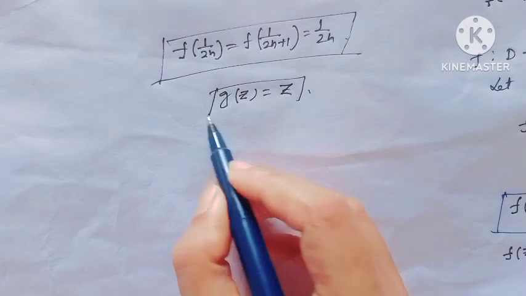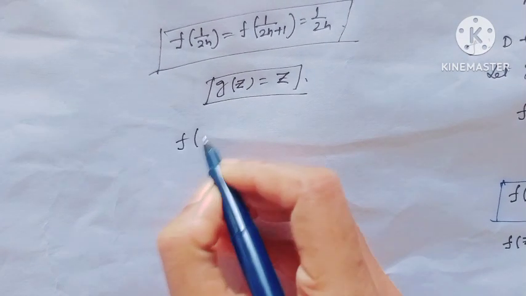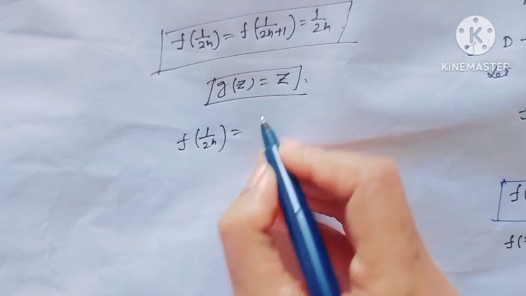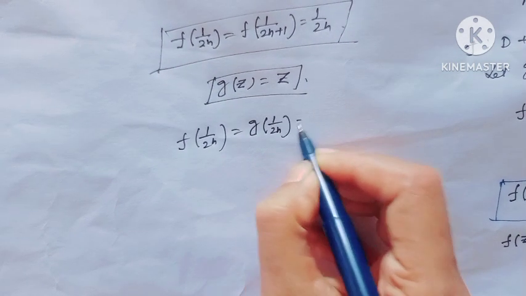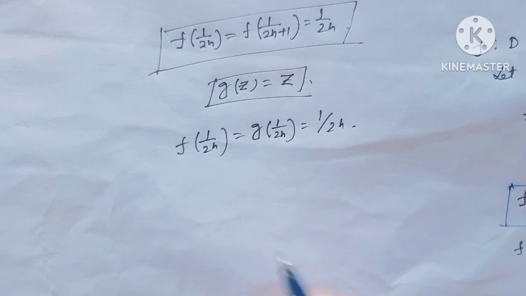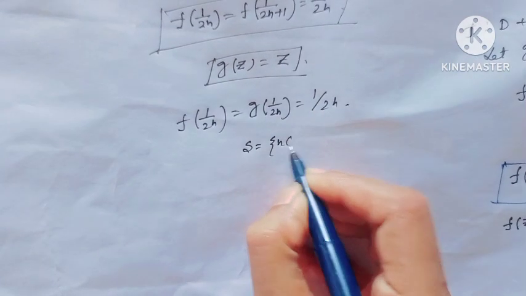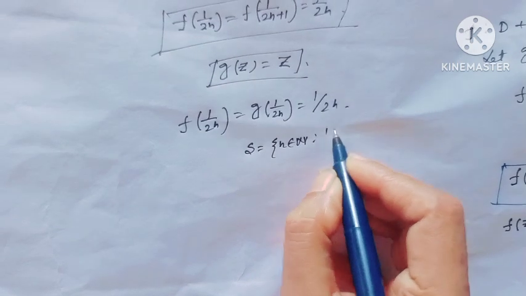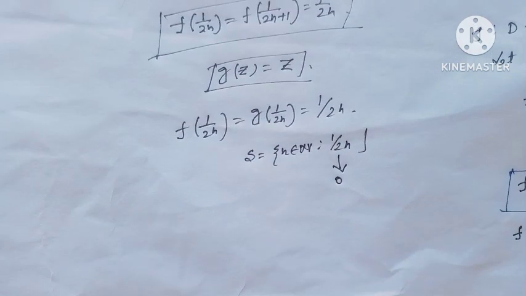If we consider g(z) equals z, then f(1/2n) equals g(1/2n), which is equal to 1/2n, on the set S such that n belongs to the natural numbers, 1/2n. And this 1/2n goes to 0.